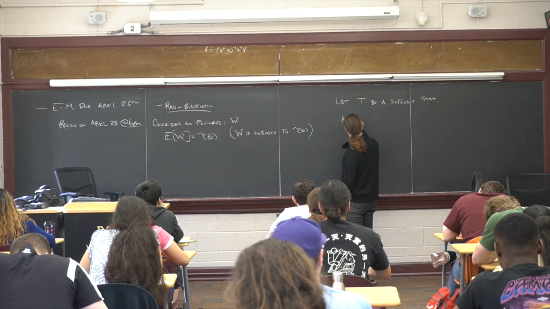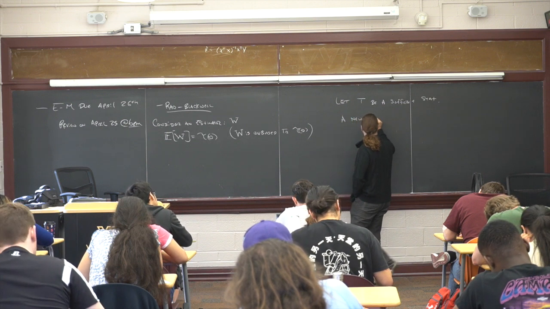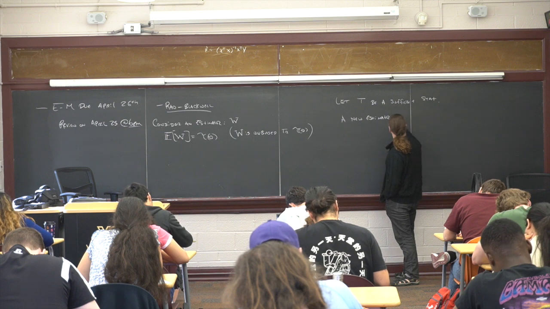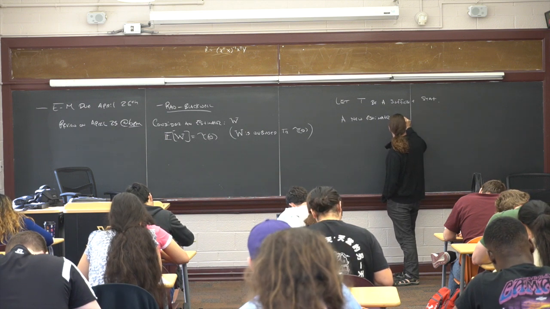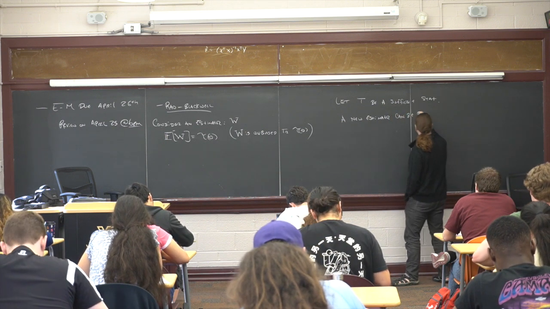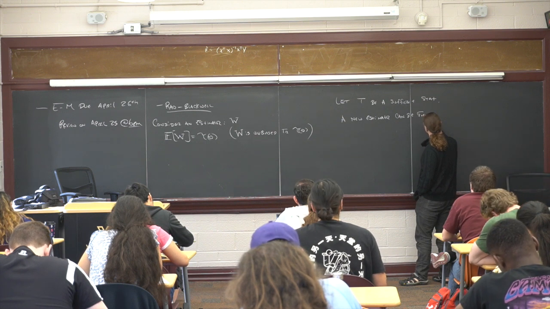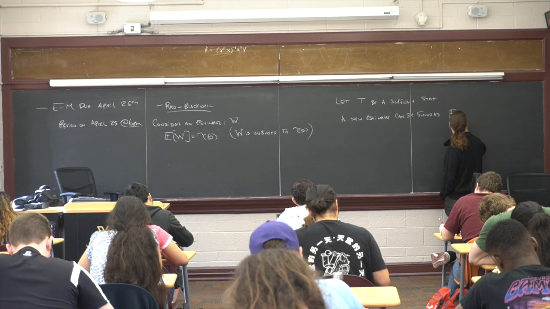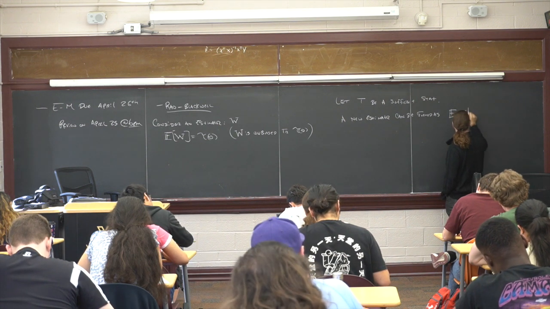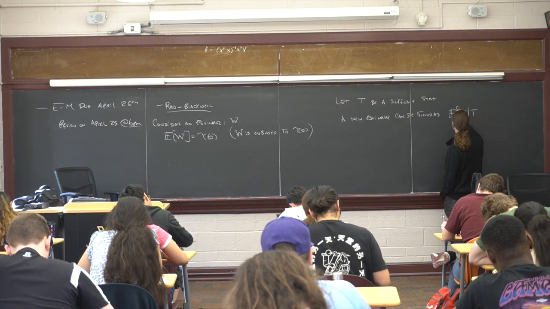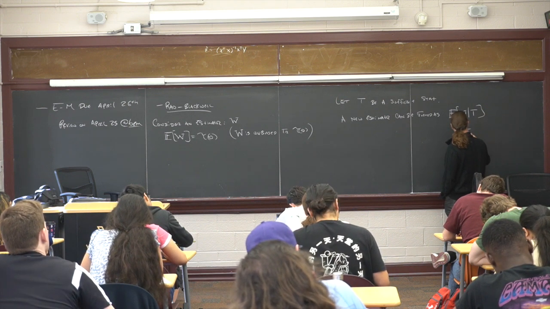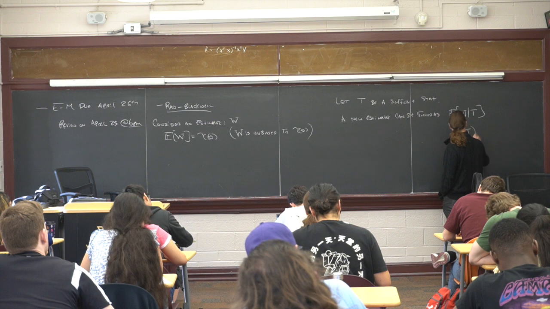A new estimator can be formed as, I'll say, the expected value of W conditional on T. And I'm going to give this some name. I think the book uses VT.